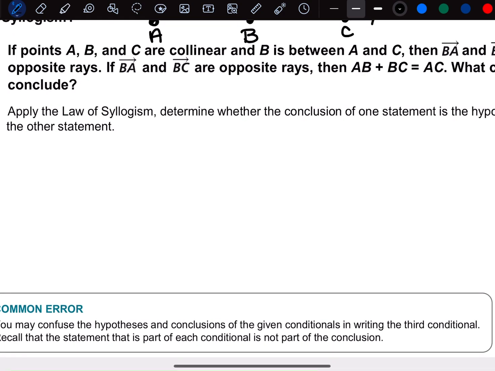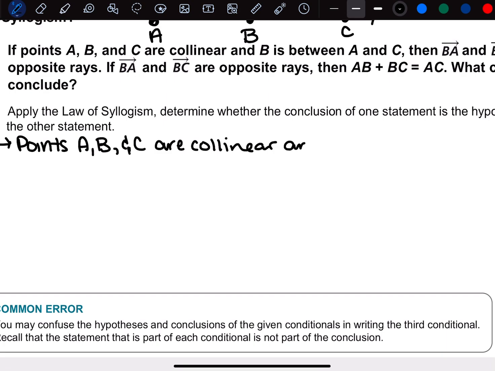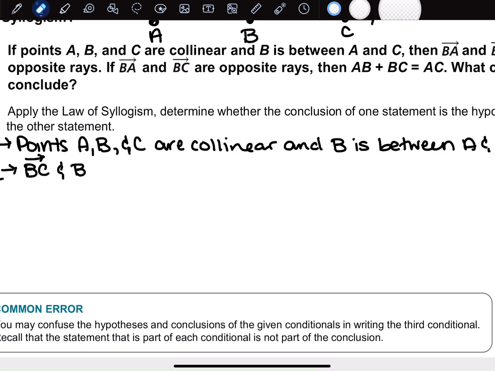So let's pull out the key information. So P is points A, B, and C are collinear, and B is between A and C. Q is the ray BA and ray BC, I apologize, are opposite rays.